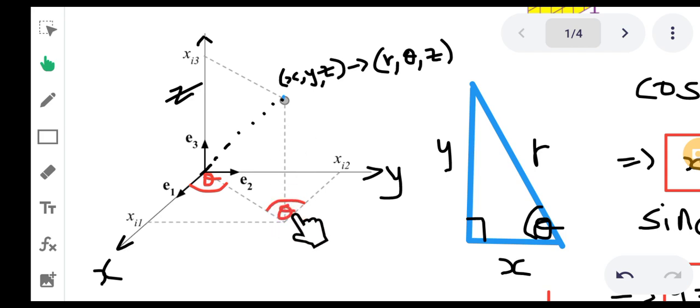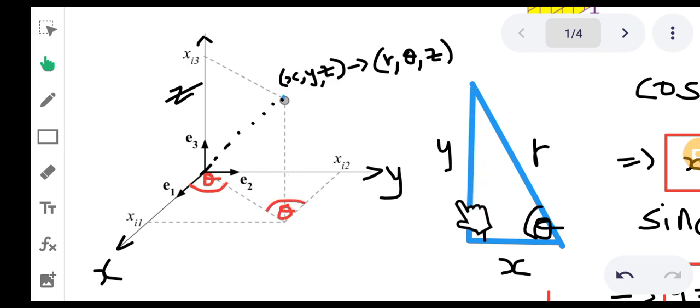This theta is opposite to the line y and adjacent to the line x. Remember, this is the line x, and this one is parallel to this line x.